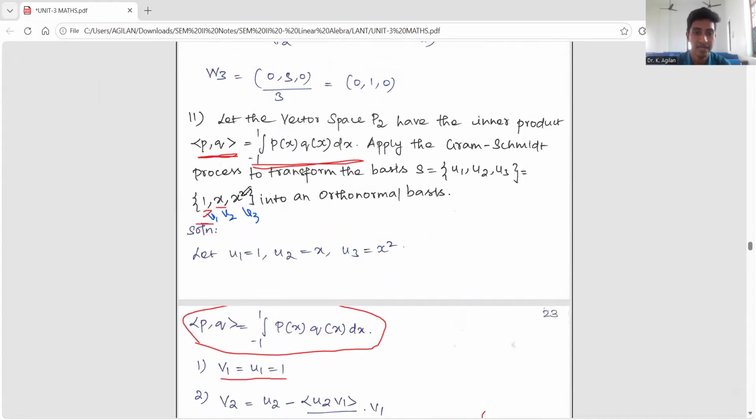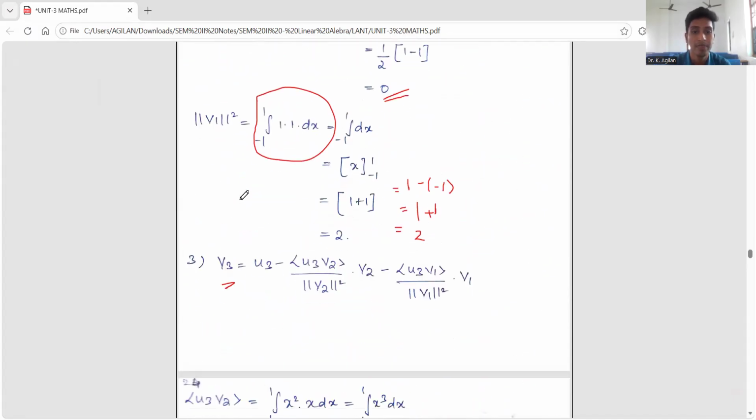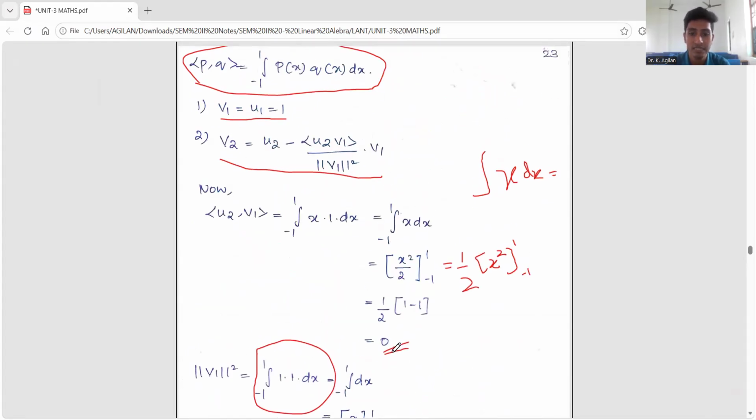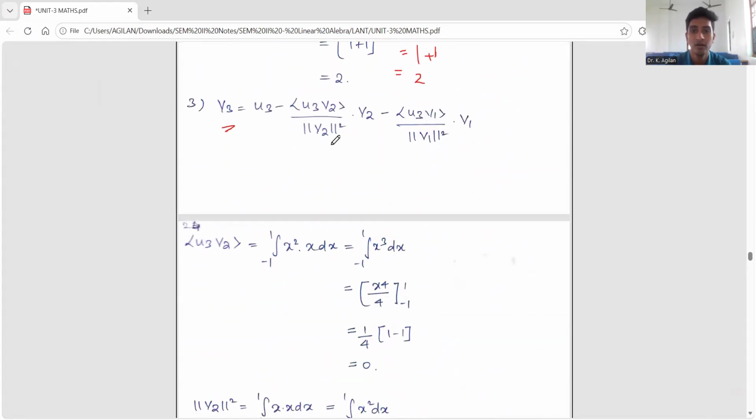U3 is nothing but x cube. And also V2, what is V2? V2 we already found to be 0. When we substitute the V2 value 0 here, this whole term will vanish. So the balance is U3 minus this term only.